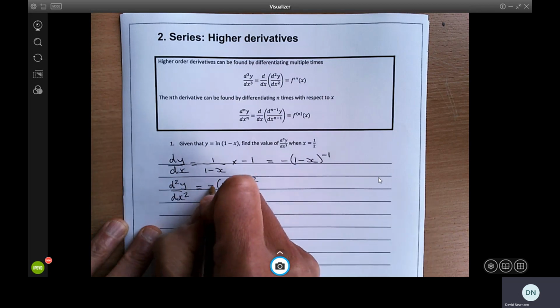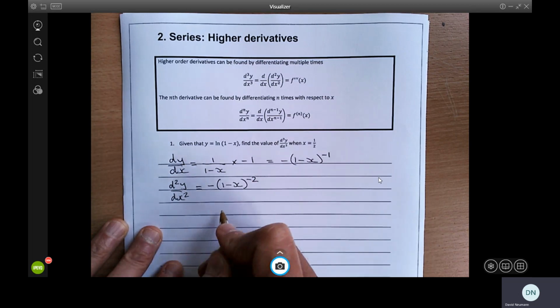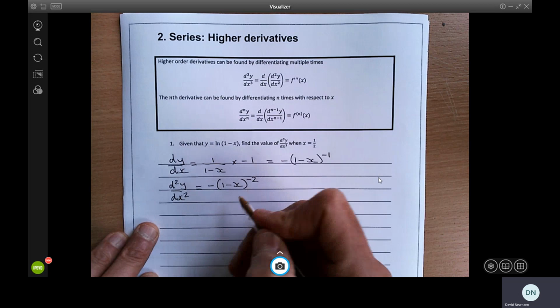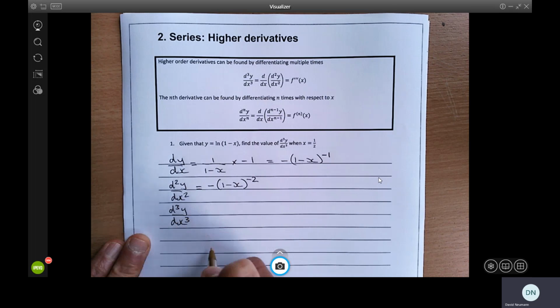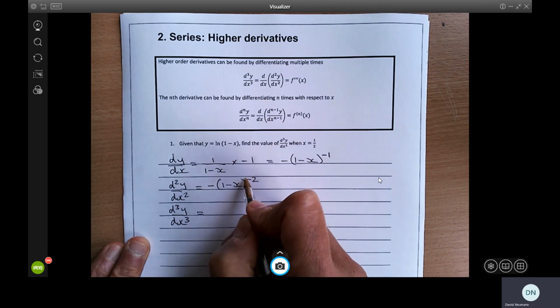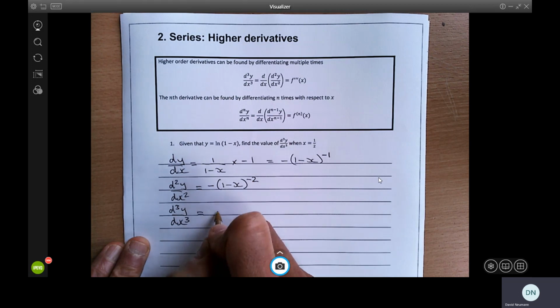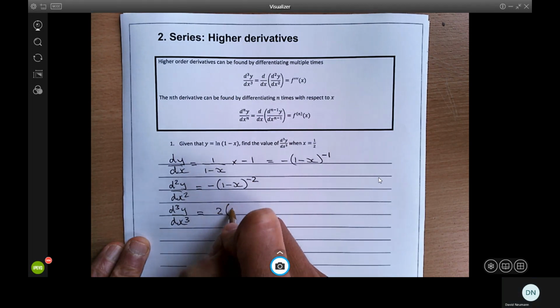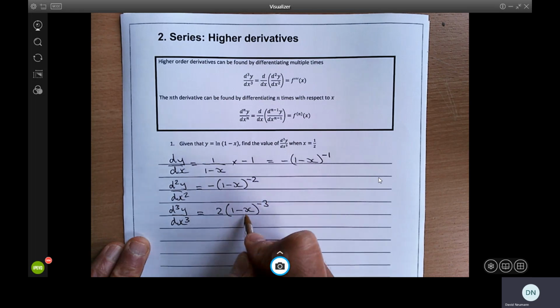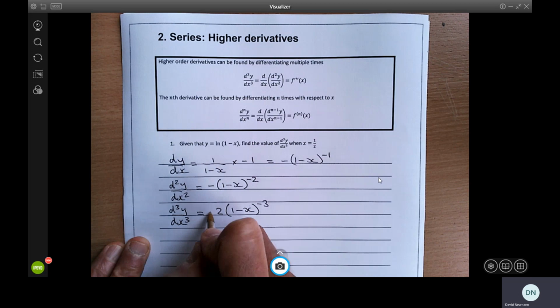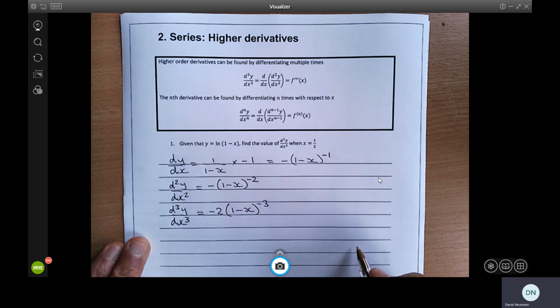So we're going to get our minus sign back. So we get minus (1 minus x) to the power of minus 2. So again, chain rule, d3y by dx cubed, the third derivative, is going to be, well, we're going to bring that minus 2 down here, times the minus is going to give us a 2, times (1 minus x) to the minus 3. And again, we're going to get times the derivative of what's inside, minus 1. So we are going to get our minus back again.